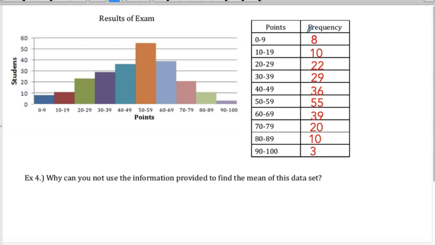We don't know if this 8 means that we have 8 zeros, or if we have 8 nines, or if we have a couple 1s, a couple 2s, a couple 3s, a couple 4s, a couple 5s. We don't know what those 8 are in this interval. And so we cannot use the information provided because we don't know what each score actually is in the interval.